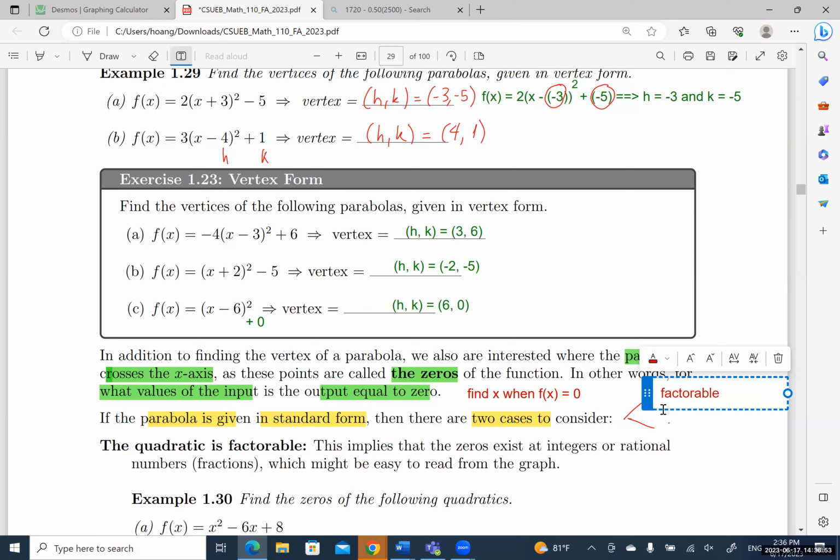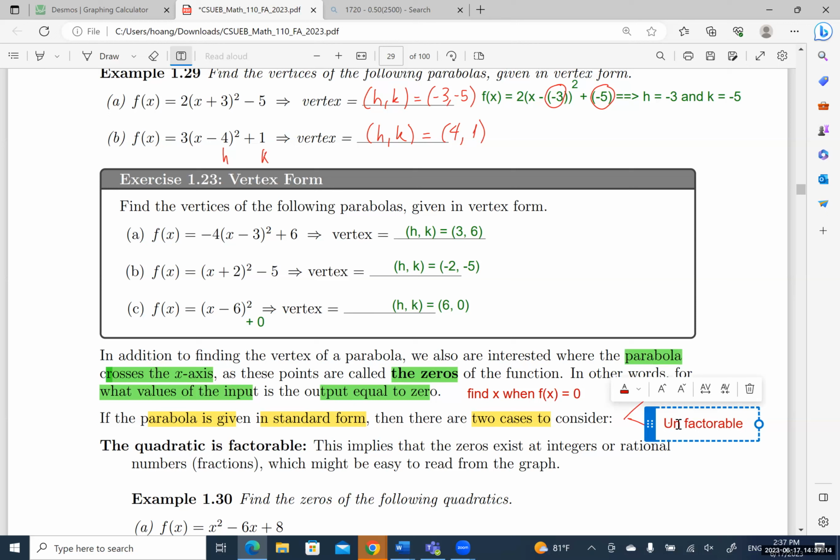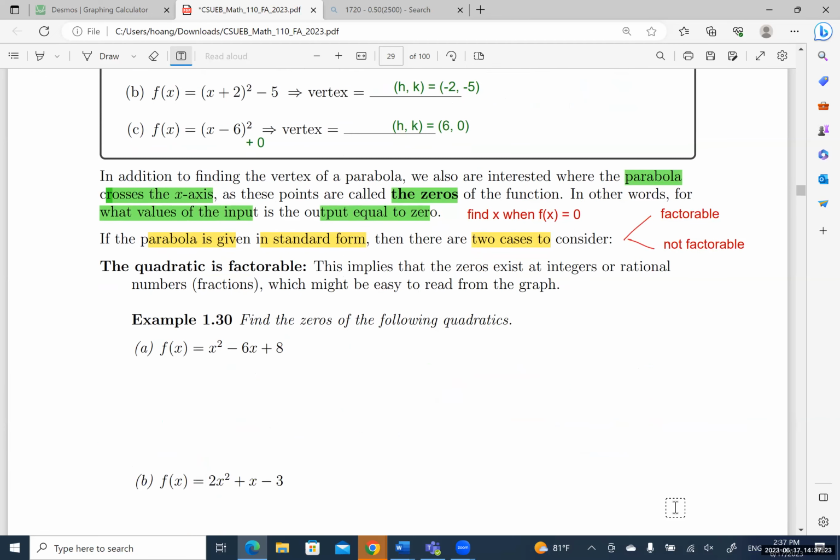And the second case is going to be unfactorable, or not factorable. Okay, so let's start with the case that you can factor it, right? You can factor the quadratic form.